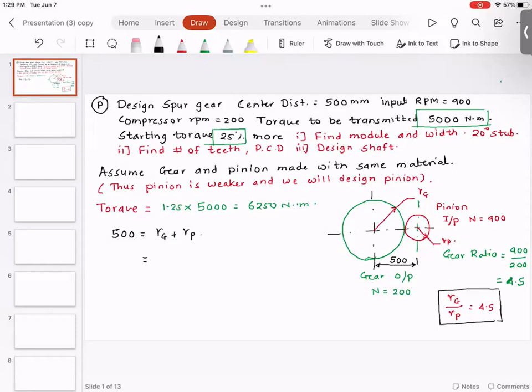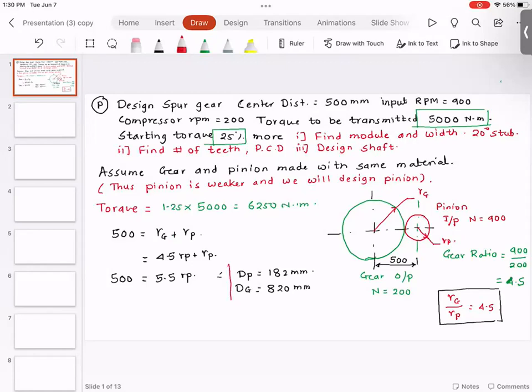So I can say that RG is 4.5 RP plus RP. This is going to be 5.5 RP, and that gives me diameter of the pinion, which is 182 millimeters, and diameter of the gear is 820 millimeters.